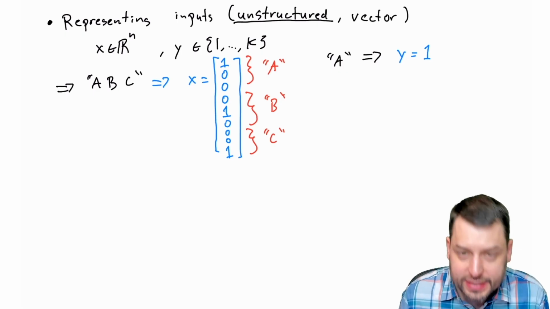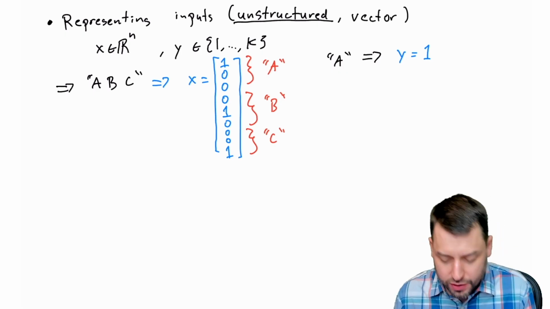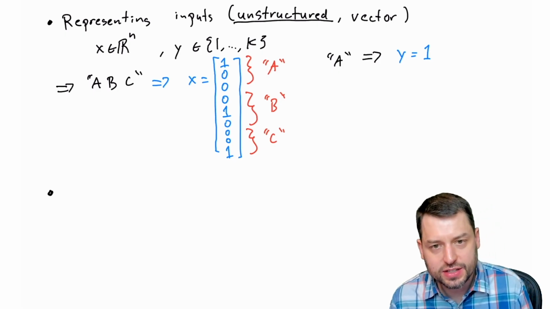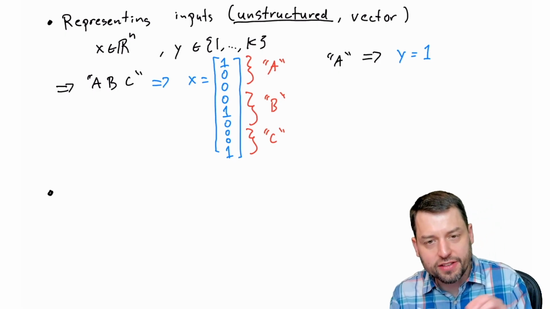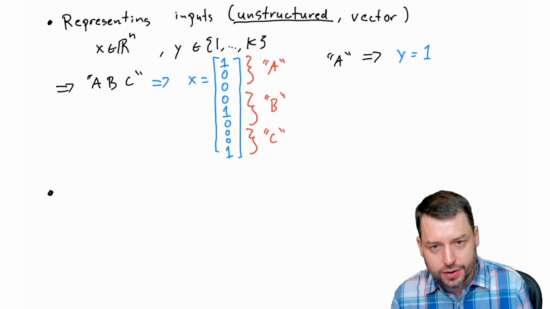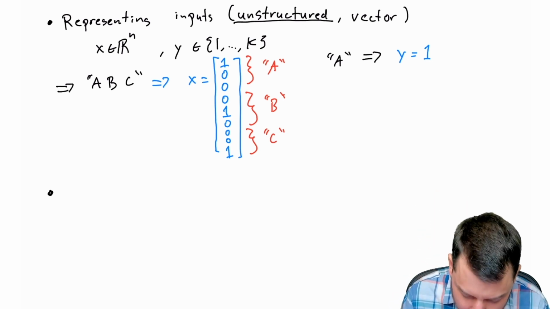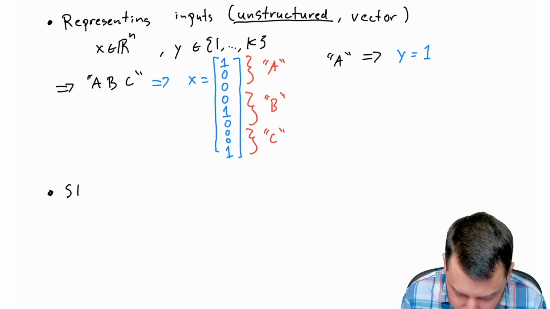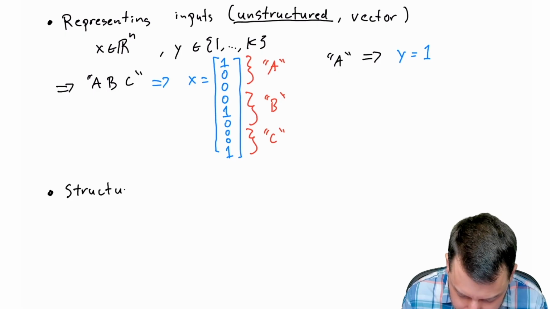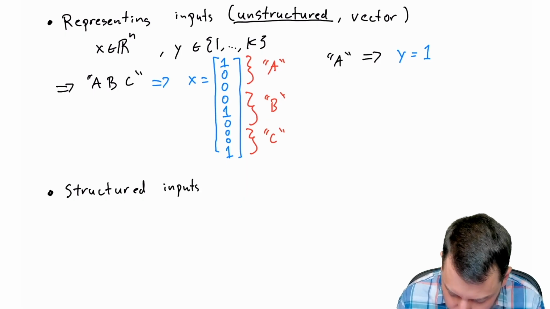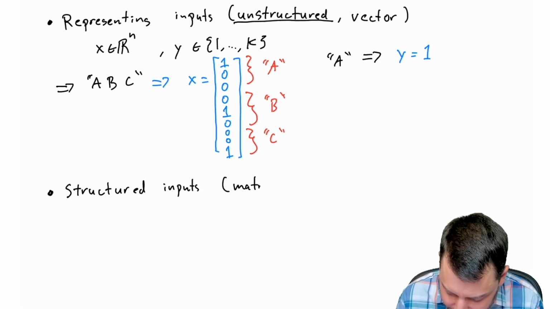What we are going to do instead, really in the rest of this course, is think about single inputs not as single vectors, but actually as matrices that start to capture some of the structure of that input. So let me say what I mean by this. We're now moving to structured inputs, which we're going to represent as matrices.